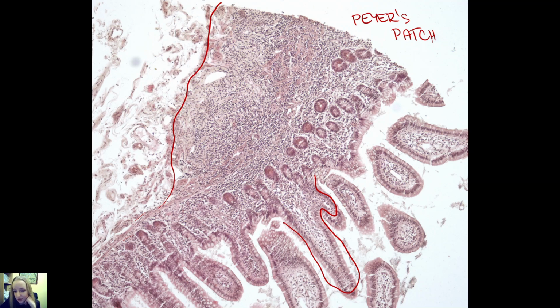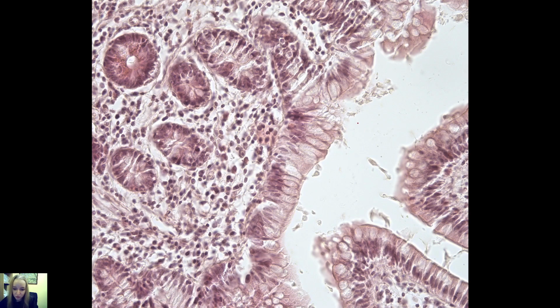And above this region, in this epithelium over here, which is a simple columnar epithelium, we can find M cells. And how do we differentiate them? It's really not so important to differentiate them, but I can tell you that this cell over here is probably an M cell because there are lymphocytes that are very close to it.